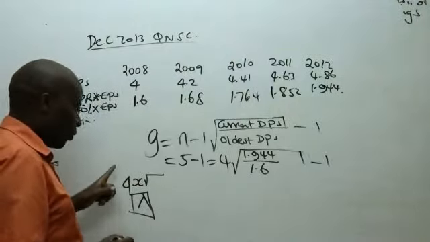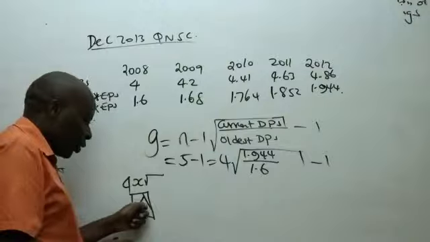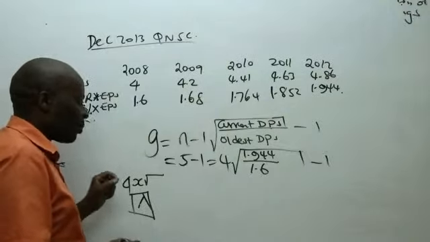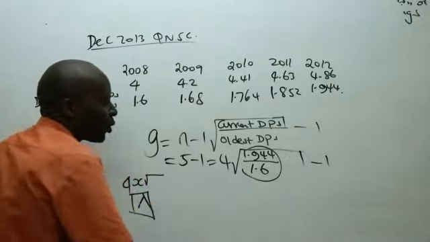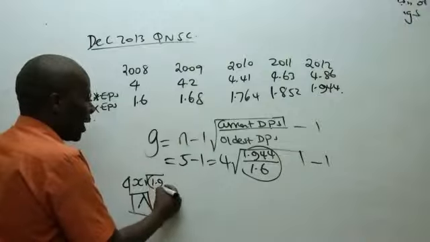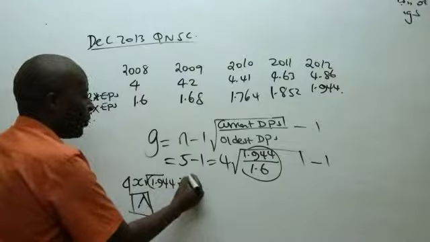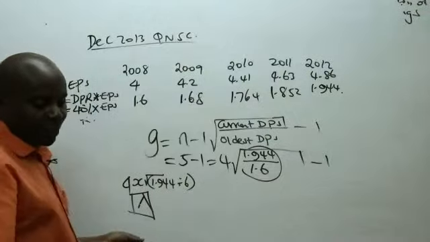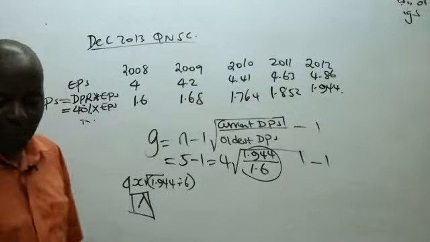Once the x root is displayed, I can use brackets: 1.944 divided by 1.6, close brackets, equals. Whatever I get, I say minus 1.